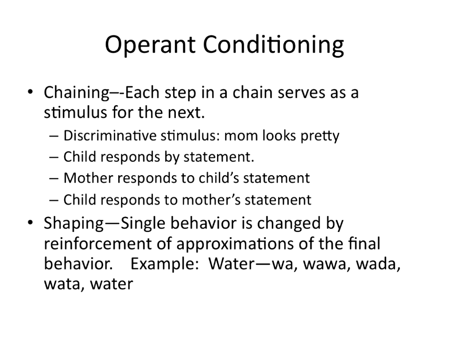Shaping occurs when the child tries to do an approximation of a behavior. And here they give an example of a speech behavior. The child will say wa first for water, and then he says wa wa. And then he says wa da, and then he says wa ta, and then he says wa ter.